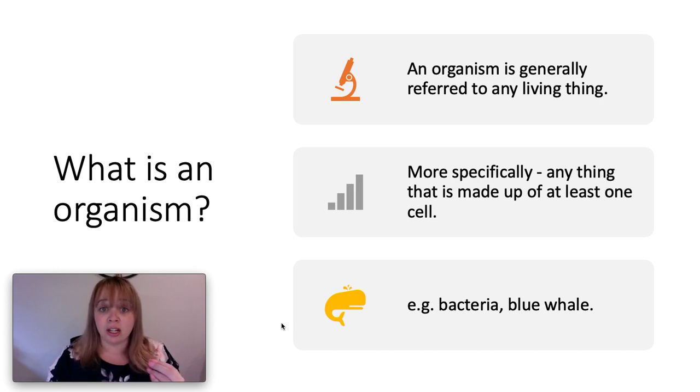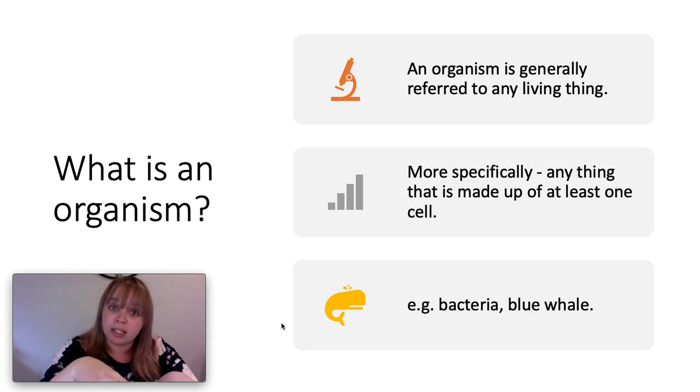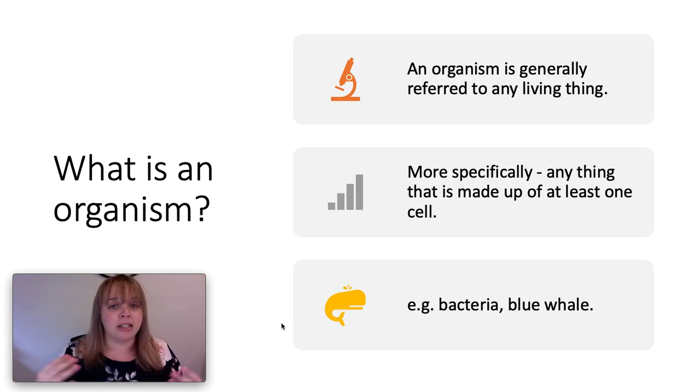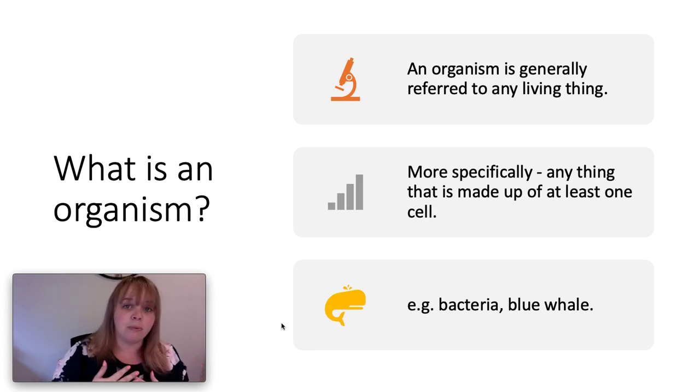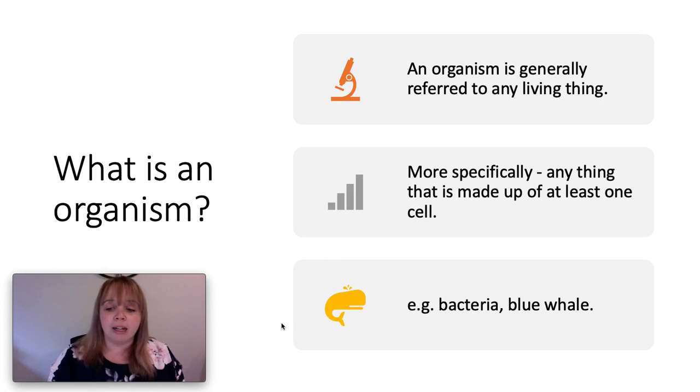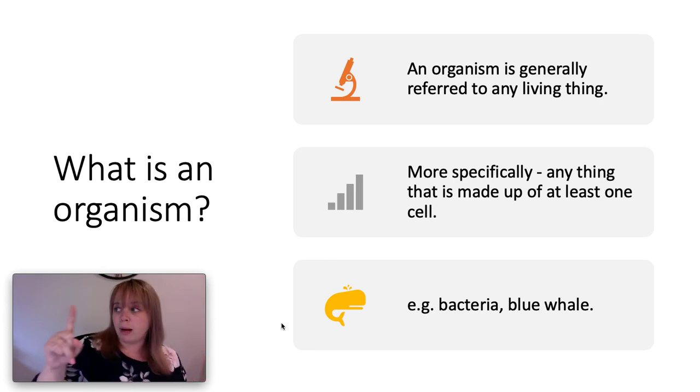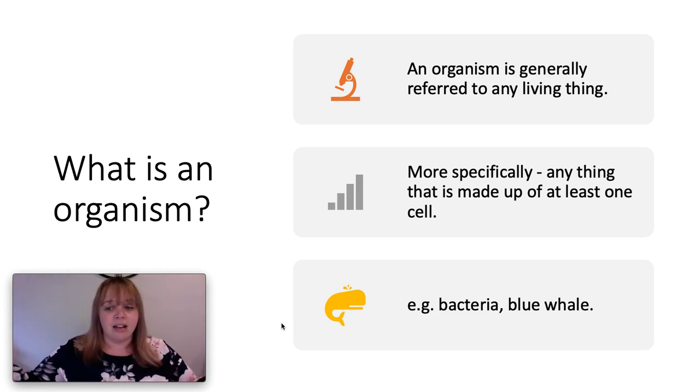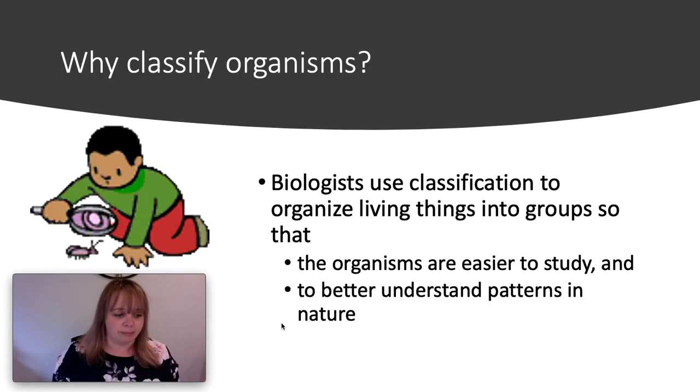Next year you will dive deep into a cell, but the cells are the things that make us up. We've got billions of cells. They also make up bacteria. Bacteria have one cell. A blue whale has millions of cells. So anything that has cells, that's what we classify as an organism.